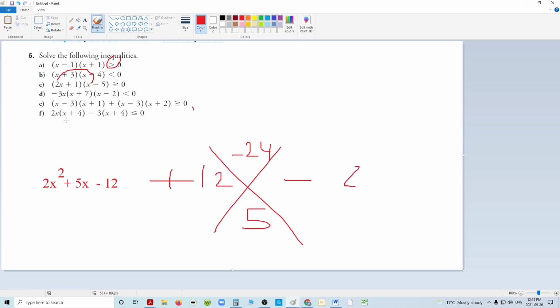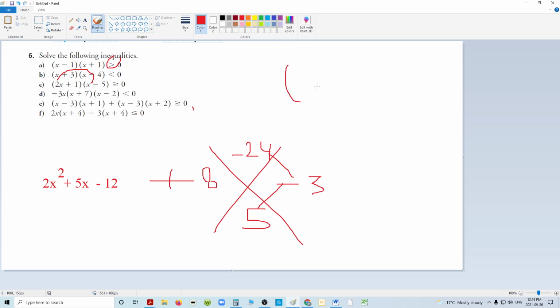At this stage, I want to make sure I got my numbers right. 2x squared plus 8x minus 3x, yeah, minus 12, yep. So, minus 24, but adds up to plus 5. So, 8 and 3, there we go. So, we're going to look at positive 8, minus 3. Those multiply to minus 24 and add up to 5.